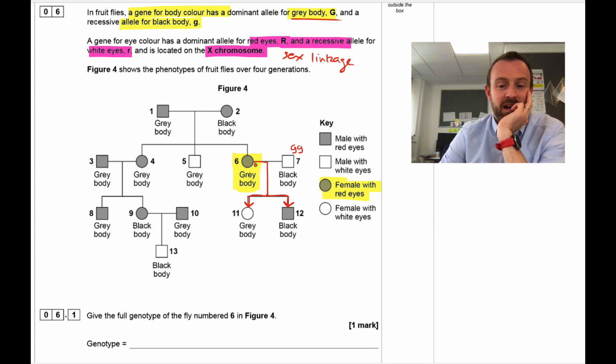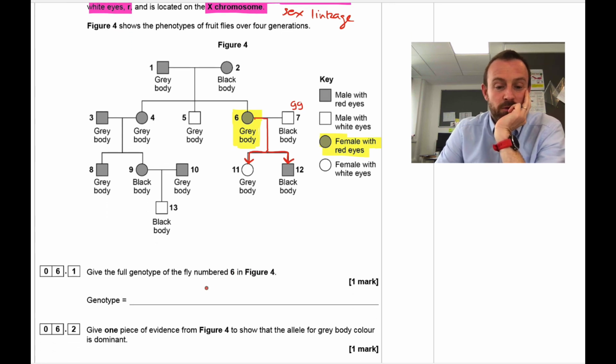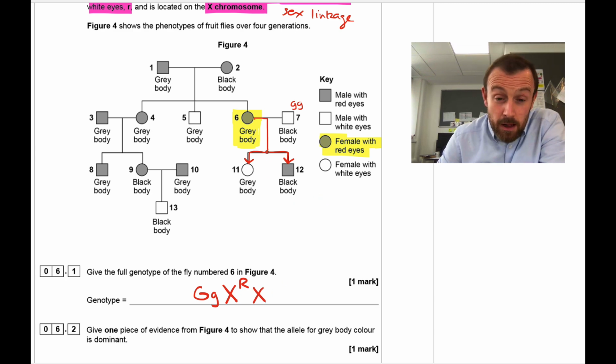So this one has to be heterozygous. So we can already write that in, big G, little g. And we know that it is female with red eyes, so it has to have an X with a big R. Now, what about the last X? Does it have a little r or not?